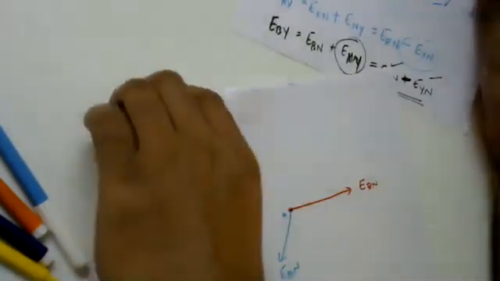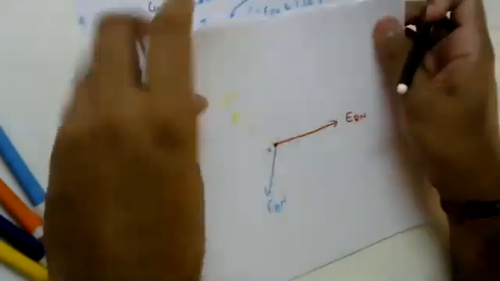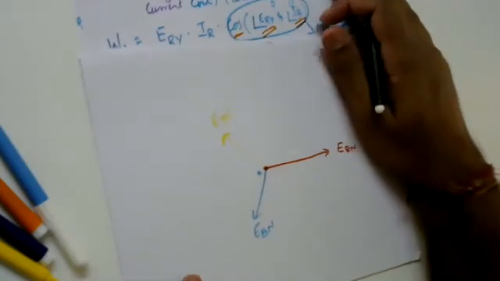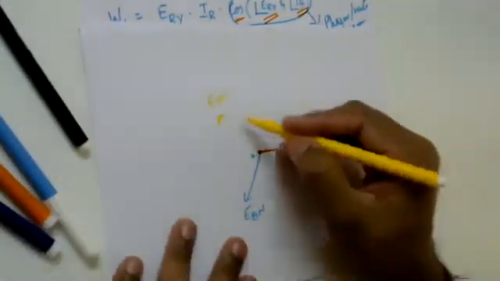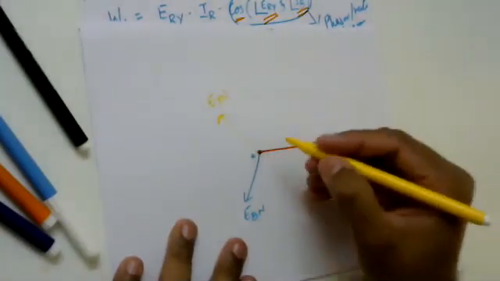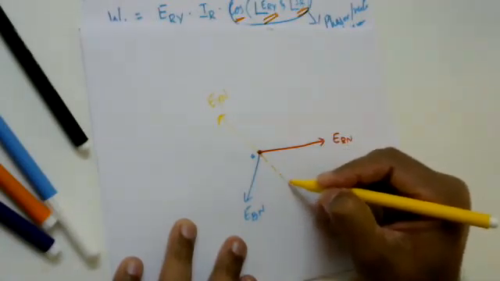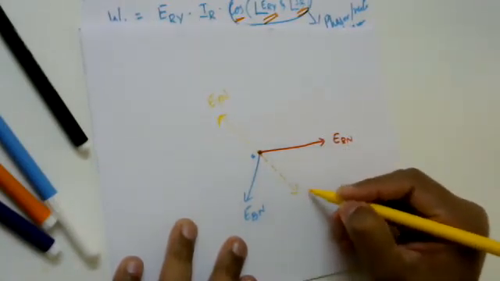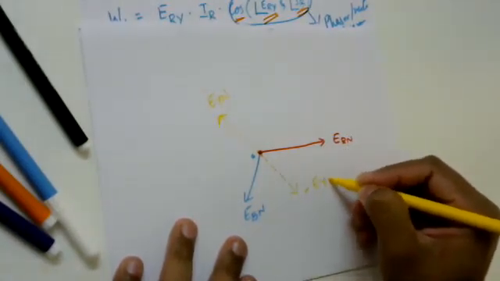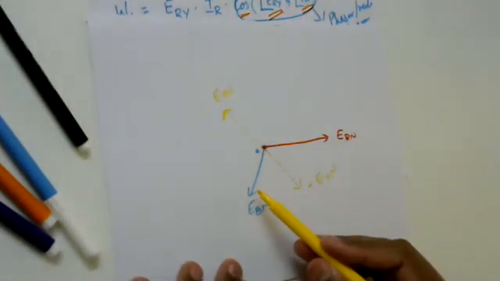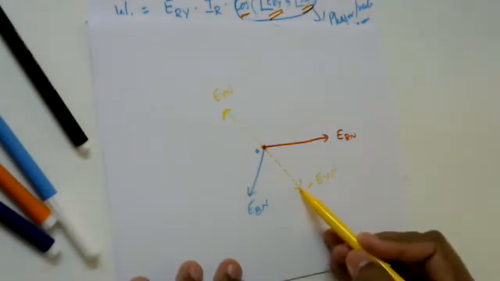So this is my EBN vector. Now I should have my minus EYN. How to get minus EYN? I have the vector EYN, and I will project it in the opposite direction. So this gives me my minus EYN. Now what should I do? I should identify the resultant vector of EBN and minus EYN.